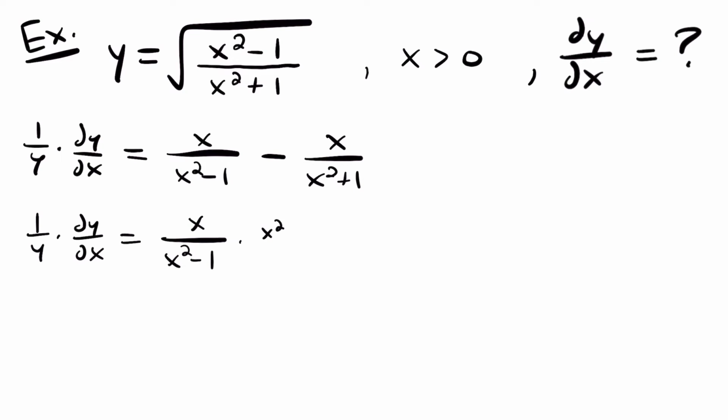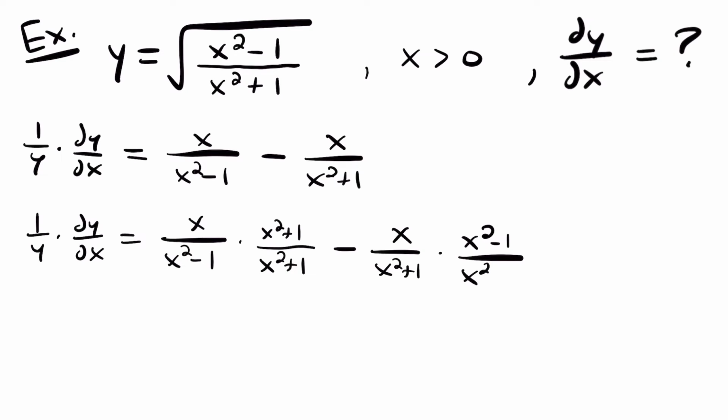So we're going to have x squared plus 1 divided by x squared plus 1. And then we will subtract this fraction, x divided by x squared plus 1, multiplied by the denominator of the other fraction as a form of 1. So we'll have x squared minus 1 divided by itself. And so we'll multiply by x squared minus 1 divided by x squared minus 1.